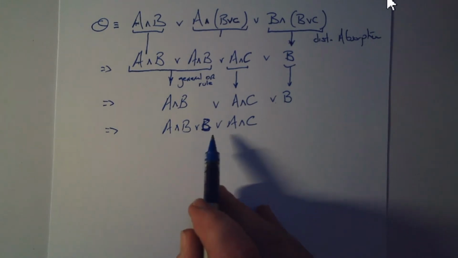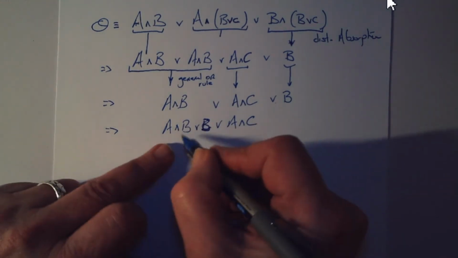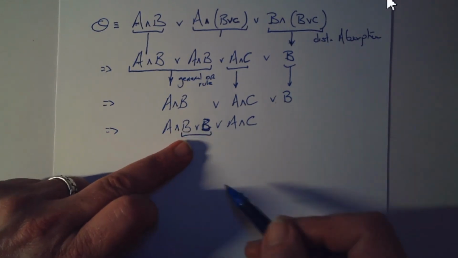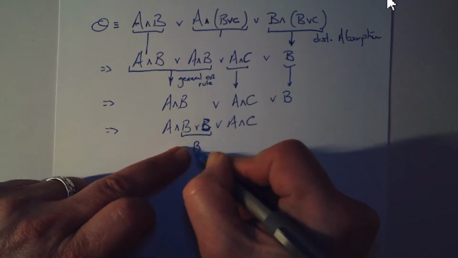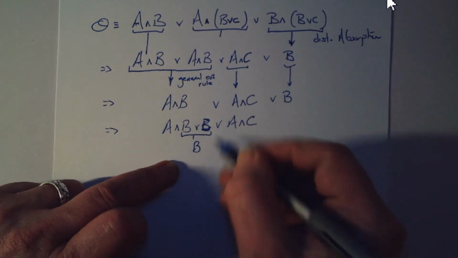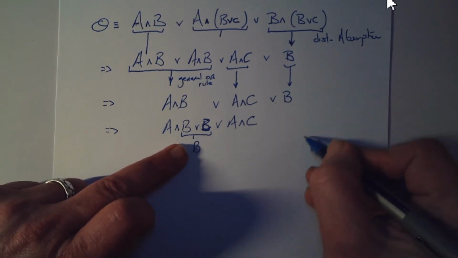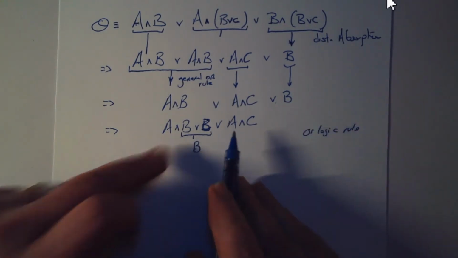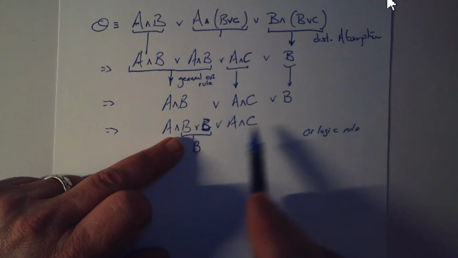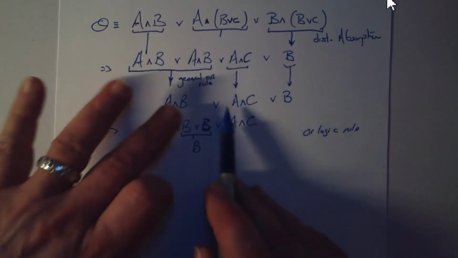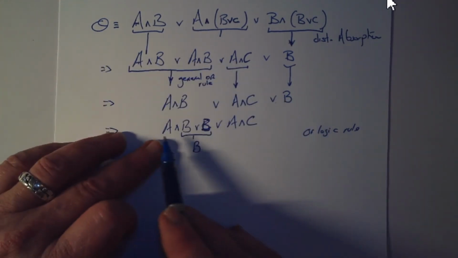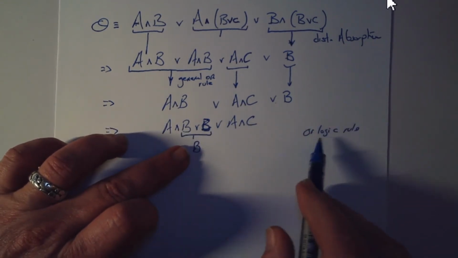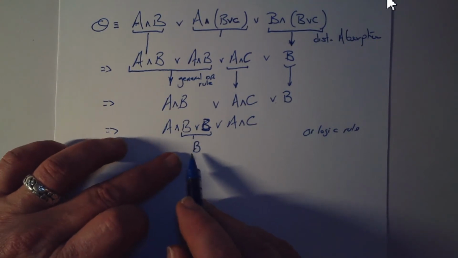So we've got A and B or B, or A and C. These two like variables ORed together will simply give us one of those, which is going to be the B. Let's put it in there, OR logic rule, because I've just applied that. So I've done a bit of commutation. I've moved one of my variables around because we don't have any groupings here to restrict that. So I've got A and B or B, or A and C, and I've basically used my logic rule to whittle that down to one B.